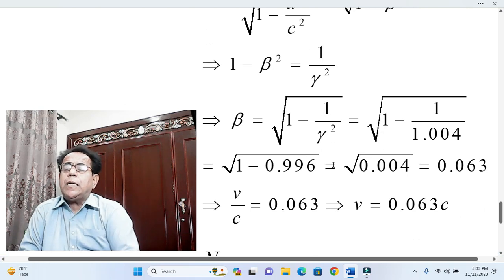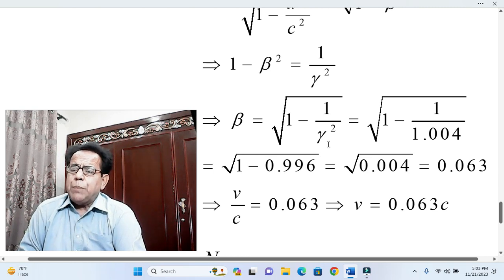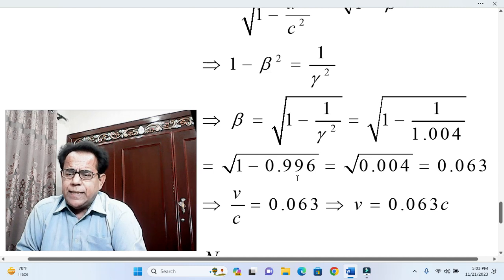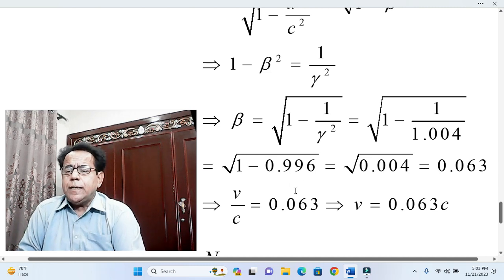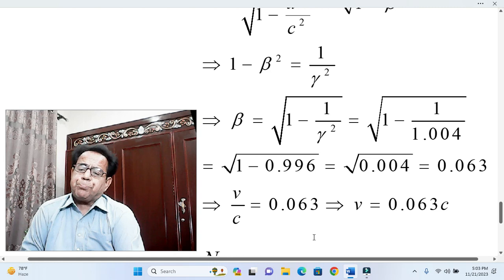We have already found the value of gamma. If we use gamma 1.002, then its square will be equal to this, and when we divide 1 by this value, we will get 0.996, and when we subtract this value from 1, we get 0.004, and when we take under root of this value, we get 0.063.